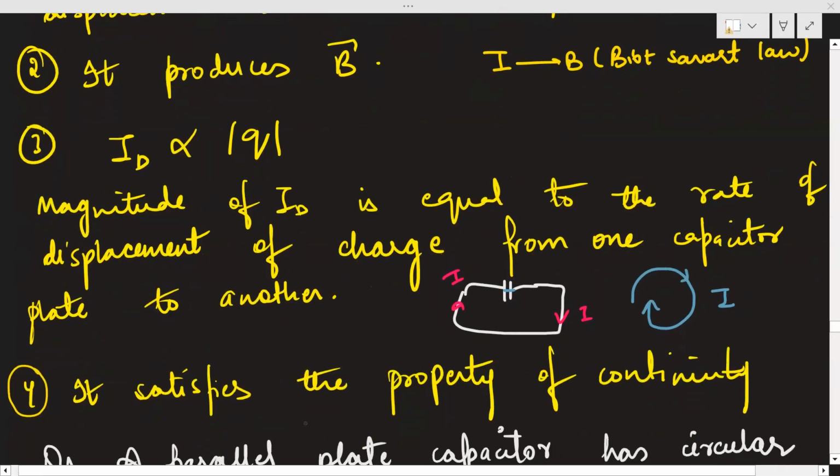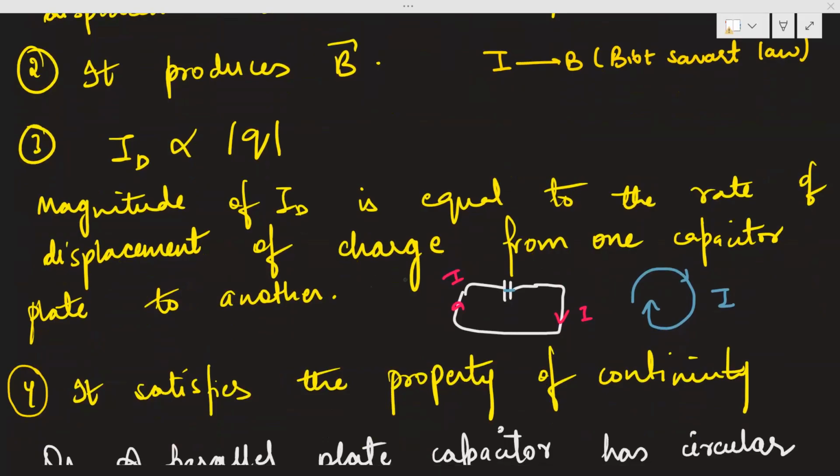Third one or fourth one? Third one. Third one is C.